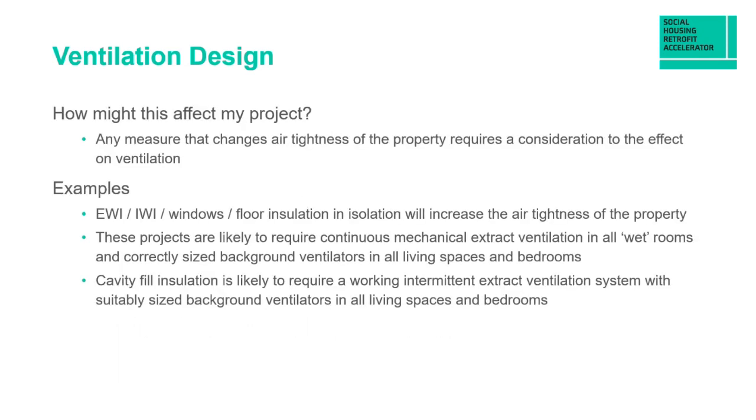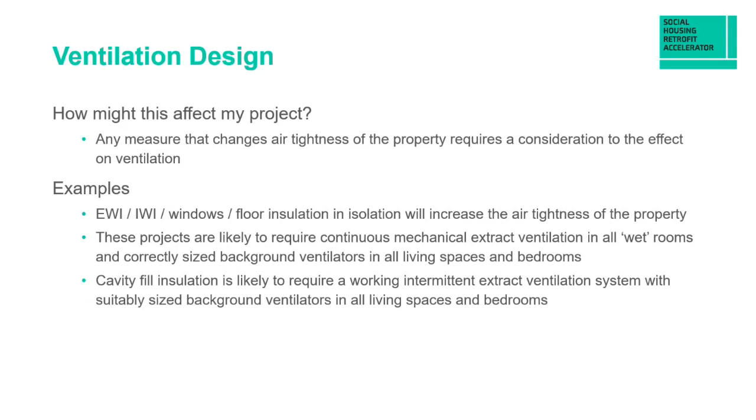So how might ventilation design affect your projects? Well, any measure that changes the air tightness of the property requires ventilation design to be considered. So examples of that would be EWI, IWI, new windows or doors, floor insulation, installed in isolation, so they will increase the air tightness of the property and require ventilation considerations.